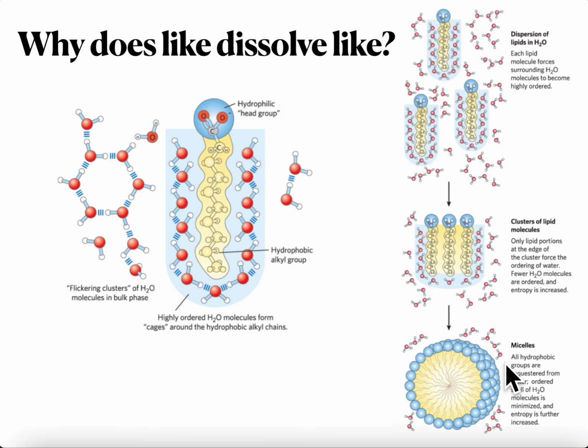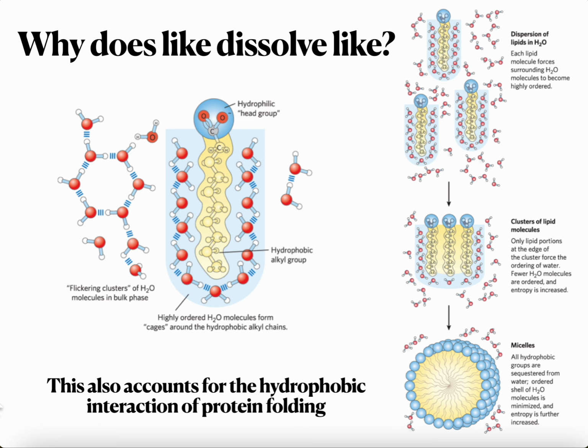So this really restores the entropy of the system, and there are no more ordered water molecules, which means there's more entropy, a positive change in entropy. And this also accounts for the hydrophobic interaction of protein folding, right? When a protein is folding, the hydrophobic groups are sequestered inside.